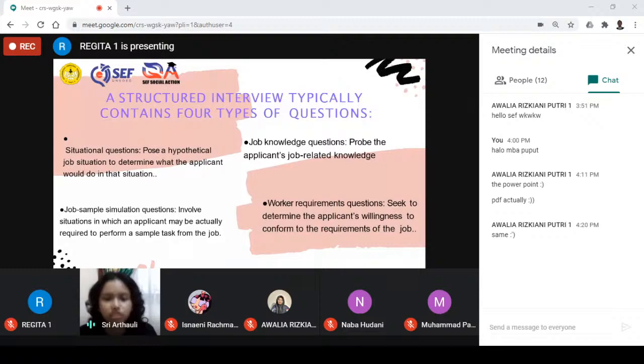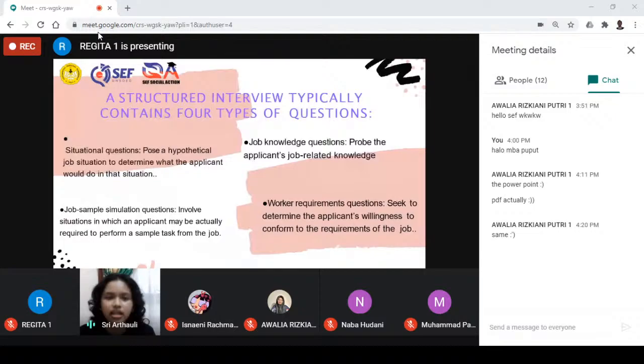So for example, when you want to apply to be an accountant, you have to know everything about accounting, right? Maybe when the interviewer asks you about what types of business transaction you know in accounting. Jadi ketika si interviewer nanya nih, transaksi bisnis apa sih yang kamu tahu dalam akuntansi, itu misalnya ya di job knowledge question, teman-teman harus tahu ya, karena kan teman-teman misalnya lulusan akuntansi nih.